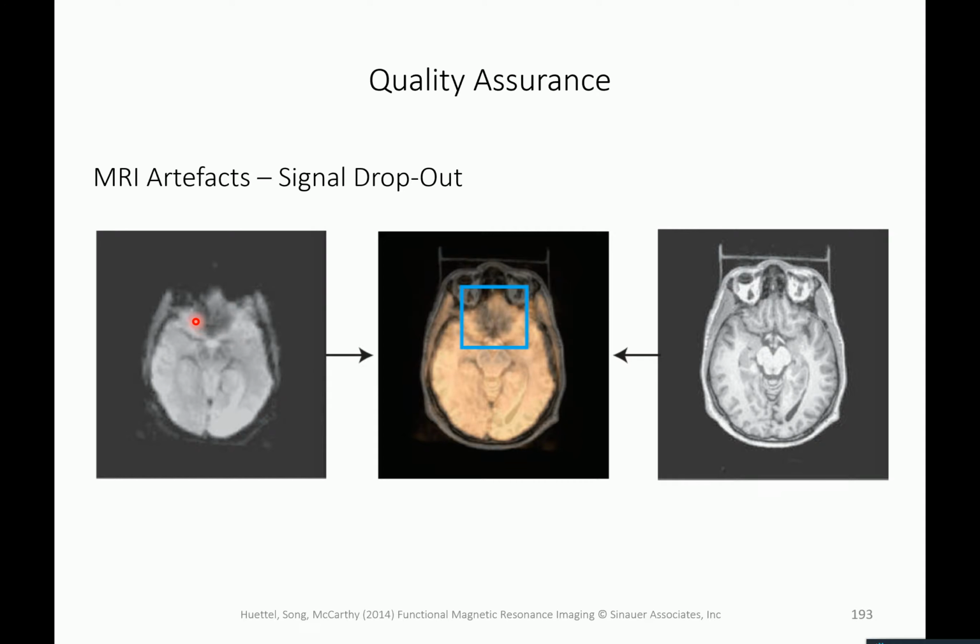And around these, for example, in the temporal pole or the orbital frontal cortex, you just don't get much MR signal. Specifically for EPI, the dropout is much stronger than for the T1 image. So here you have quite some signal dropout. Signal dropout just means you don't record a signal.